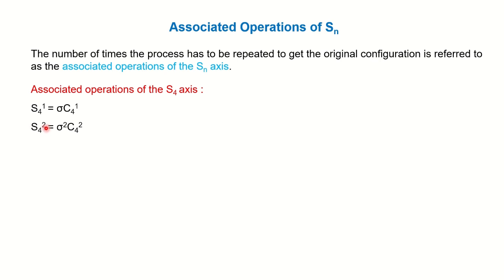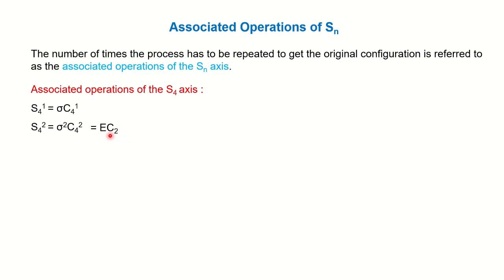Then the second time if you perform the operation, that is S4 axis, the second time, we can also write that sigma 2 C4 2. Which you can further reduce. We know sigma 2 means sigma into sigma, and if you multiply the same element with the same, then you get the identity element, E. And C4 2 you can further reduce to C 1 by 2, so we can also say C2.